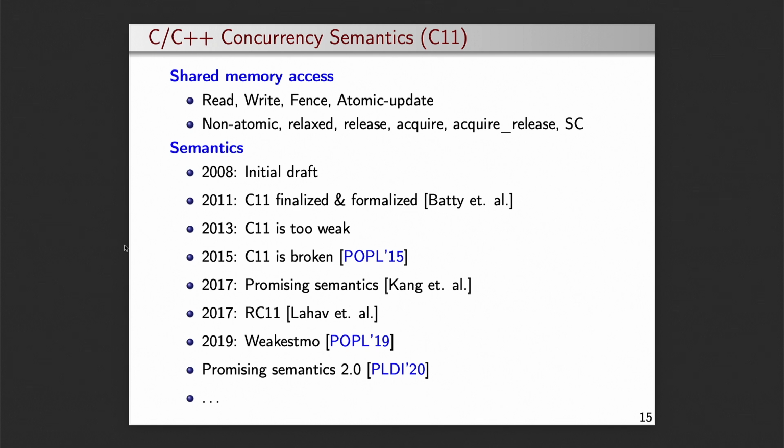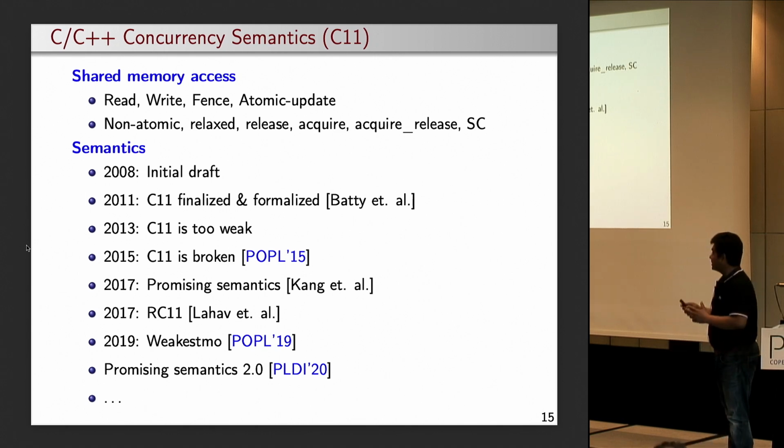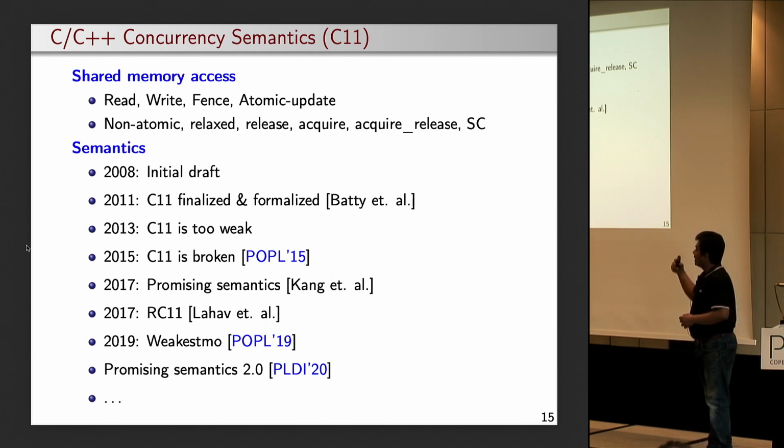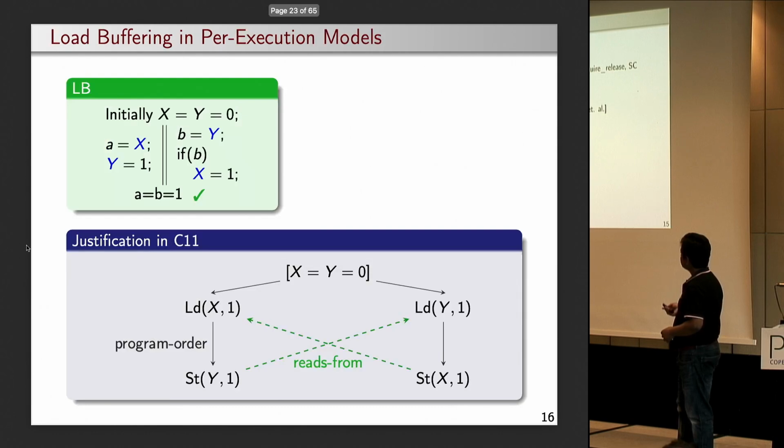In 2019, we defined another concurrency semantics named weakestMO. The full form is weak event structure. And then, consequently, more advanced models were proposed to solve this problem.